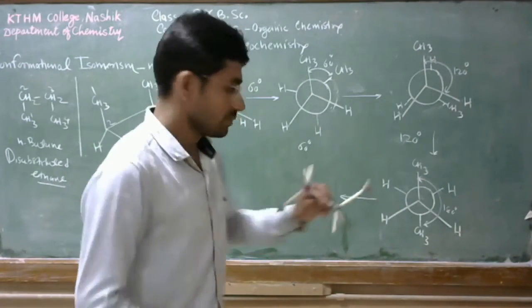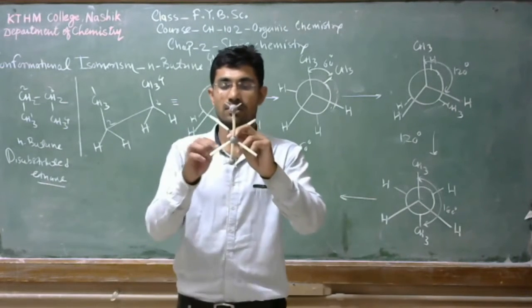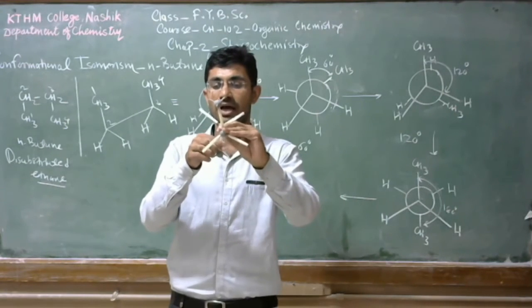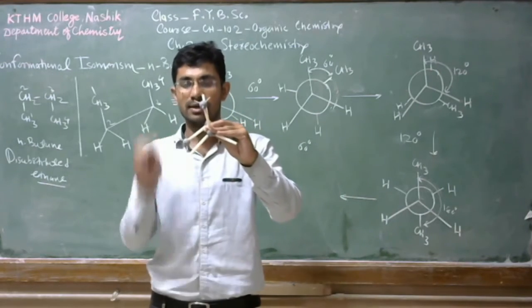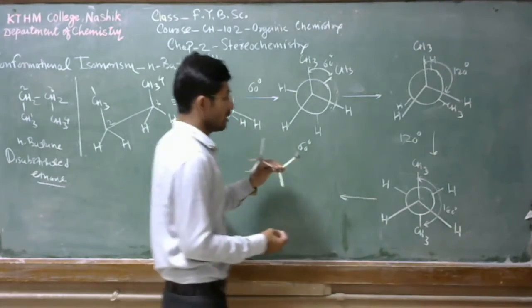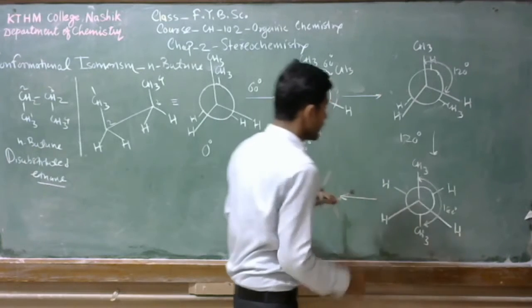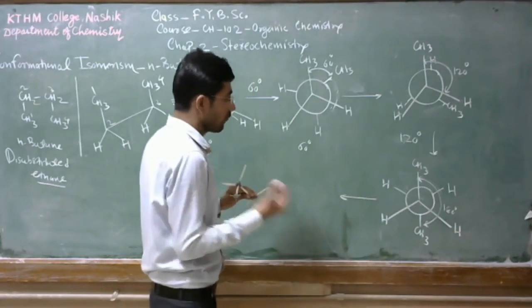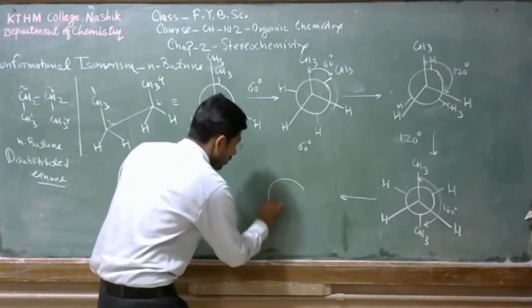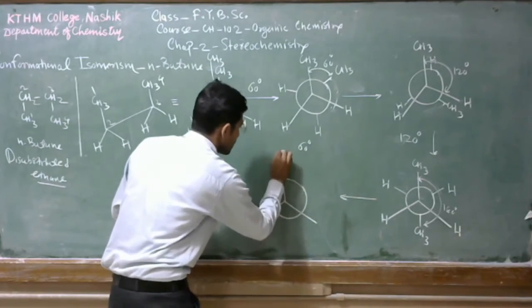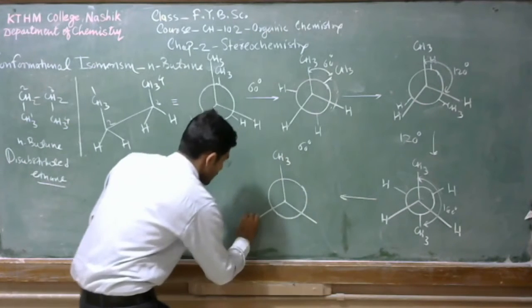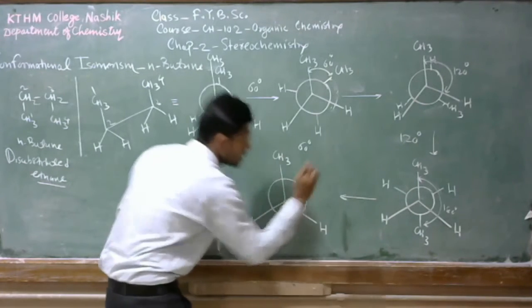Next, if we rotate again by angle 60, we get again a new conformation. Here the angle is 180, and now angle 240 we can observe. For 240 angle we observe the next conformation, methyl group, H as it is.